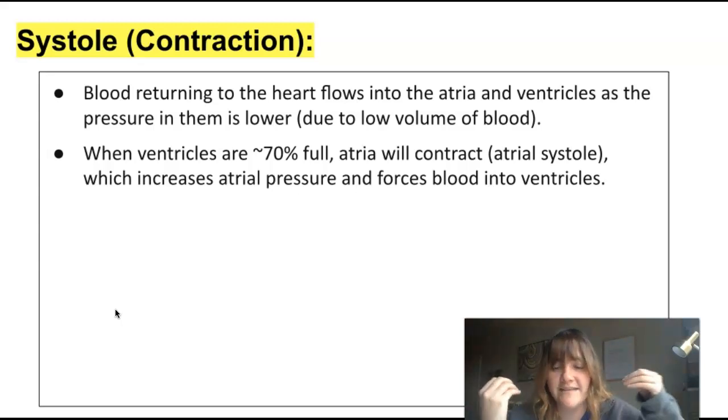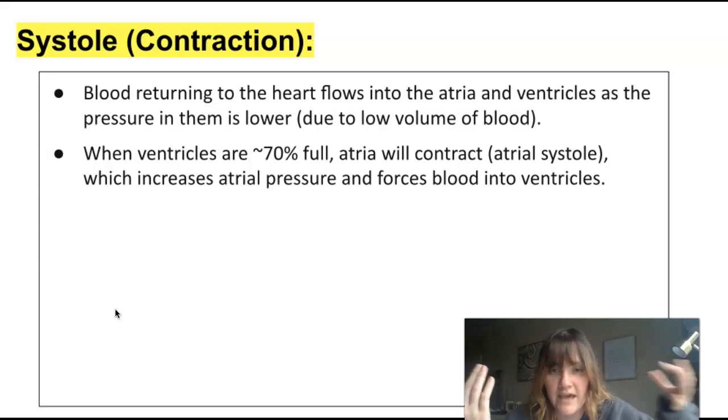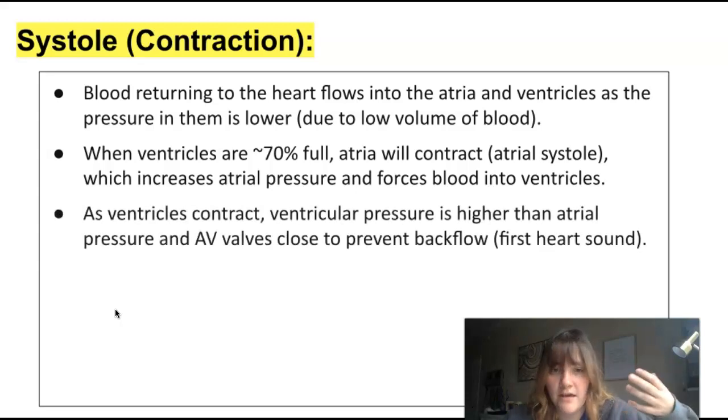So this is where that SA node activates so that the atria will contract, and we call that atrial systole, and that is going to increase the pressure in the atria and force the blood into the ventricles. Then the ventricles are going to contract, and ventricular pressure is going to be higher than the atrial pressure at this point.